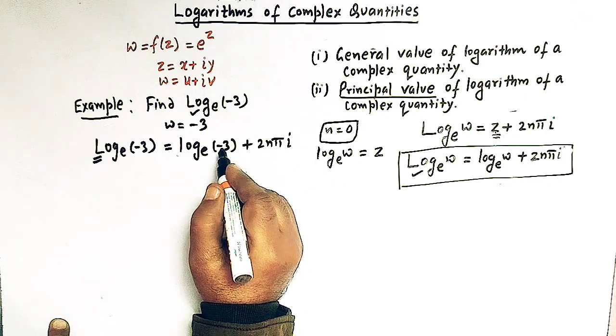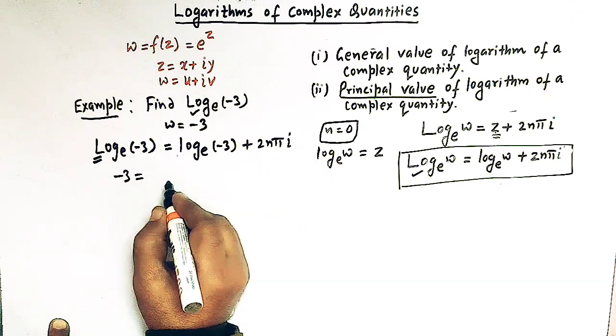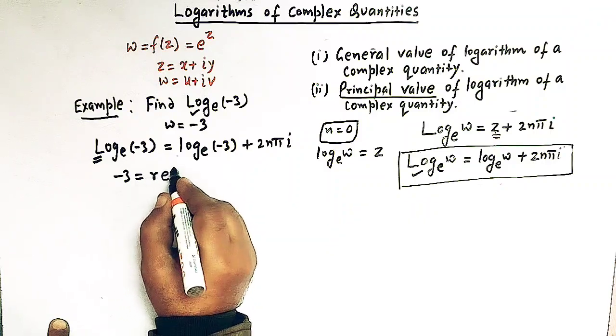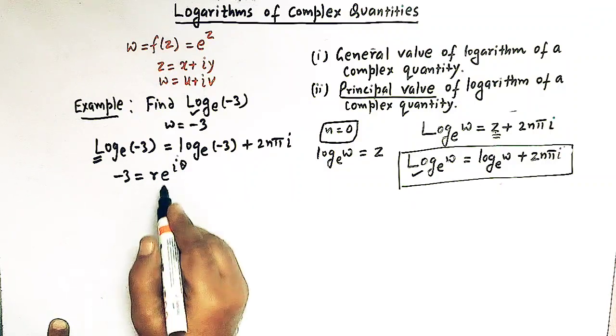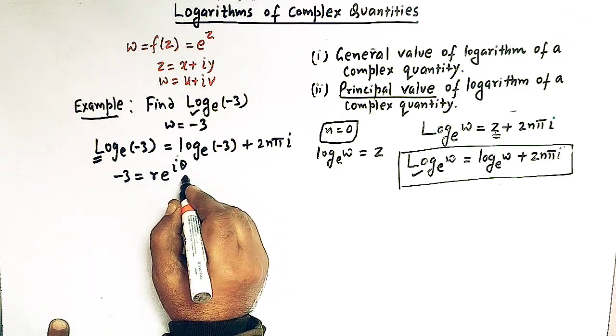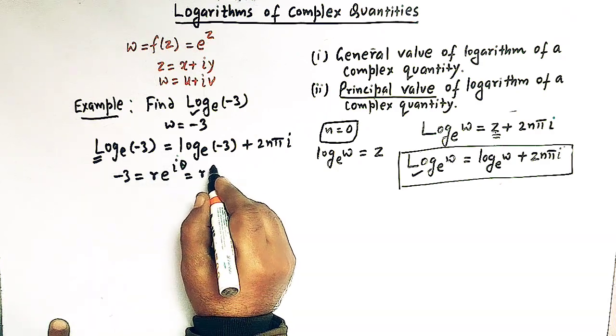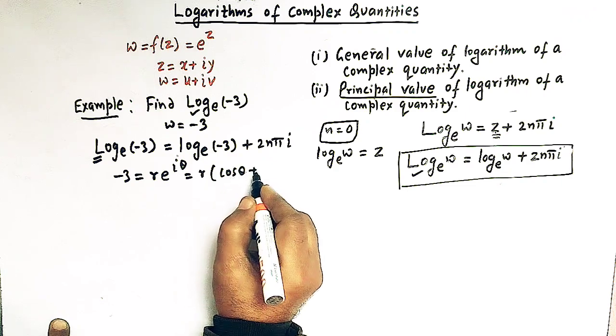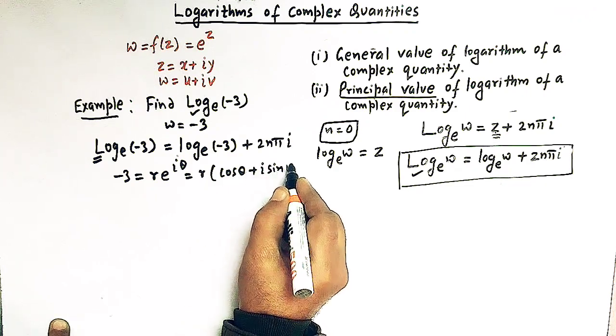Now see, minus 3 can be written as r e raised to i theta, right? So let us express this negative 3 as a complex number, in the form that is r cos theta plus iota sine theta, right?